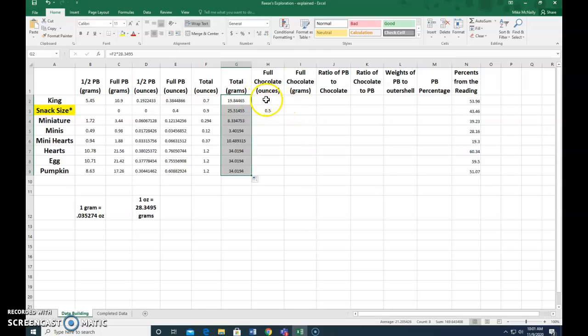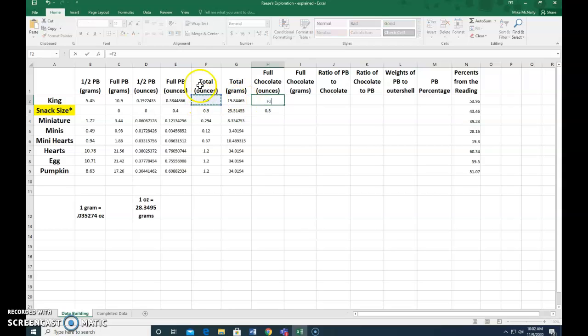Oh, okay. So now, we know that the total amount of ounces is 0.7. We know that the amount of ounces of peanut butter is 0.3. So how many grams would that be? Well, it's the total minus the peanut butter. So we're going to create another formula. Equal sign.